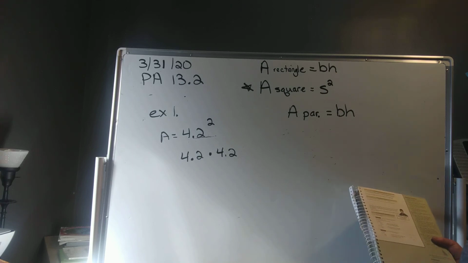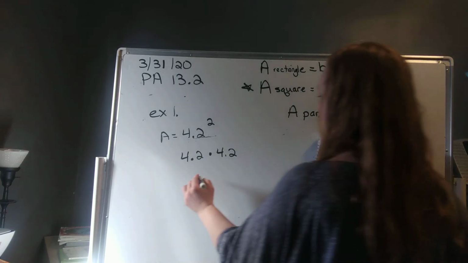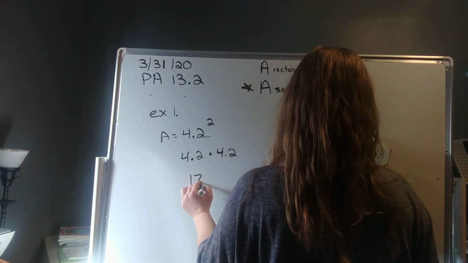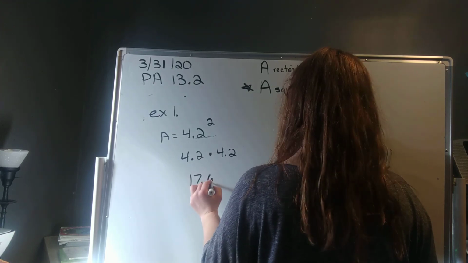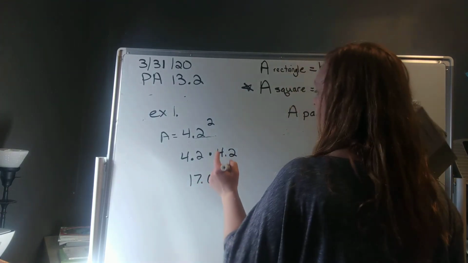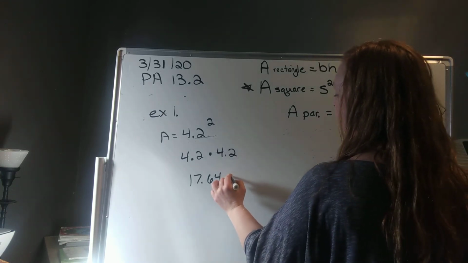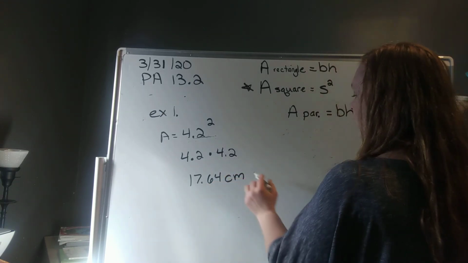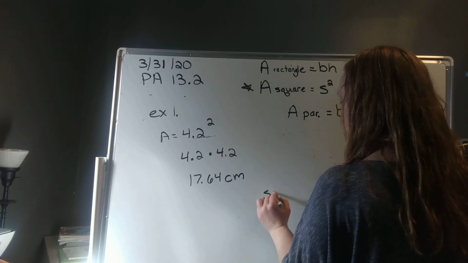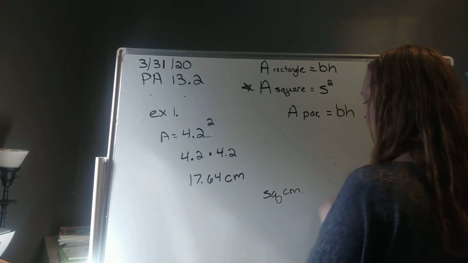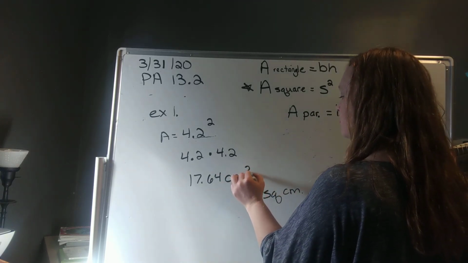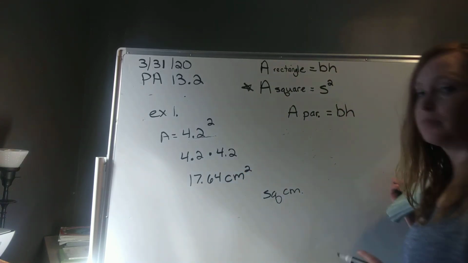When you put that in your calculator, you should have gotten 17.64. Now look at your problem on your example, it's 4.2 what? Centimeters. Now we can say square centimeters like this, or we can say centimeters squared.